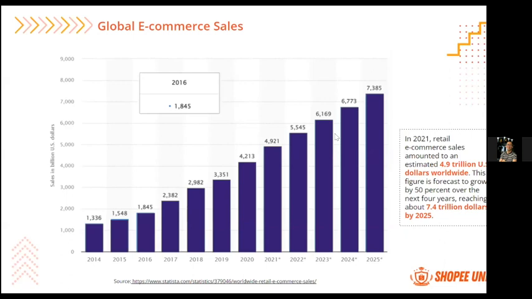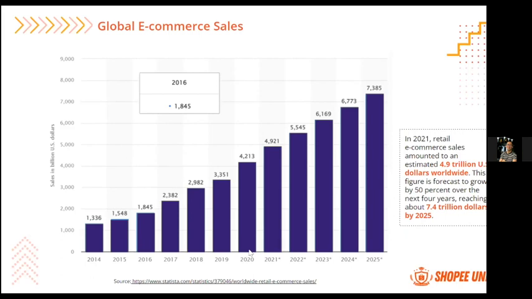It's 2022 now, so in just 3 years we will reach 7.4 trillion US dollars in total worldwide sales. Looking at our graph, in 2014 it was 1,336 and then it grew and grew. In 2020, the pandemic happened, and that's when we saw usage really increase, along with people patronizing online products and services.